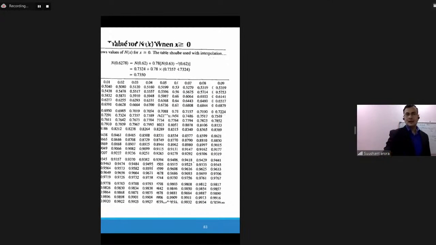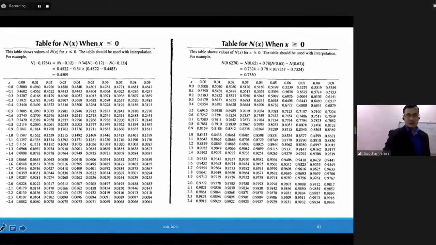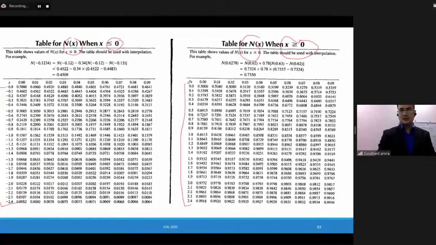In the exam you will have two tables. One gives N(x) when x is less than 0, and all these values are negative. The other is N(x) when x is greater than 0, and all these values are positive.